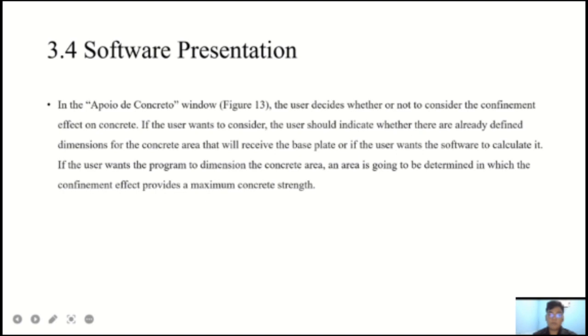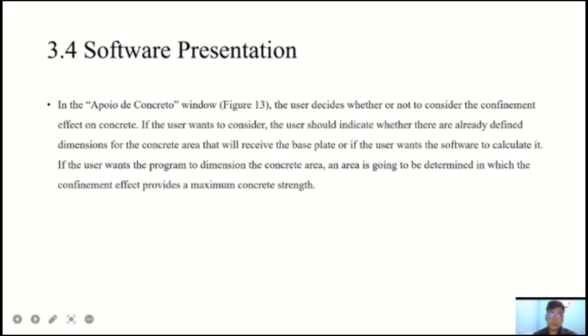If the user wants the program to dimension the concrete area, an area is going to be determined in which the confinement effect provides a maximum concrete strength. As you can see, the software calculates everything, including where the maximum concrete strength will be, thanks to its high technology.